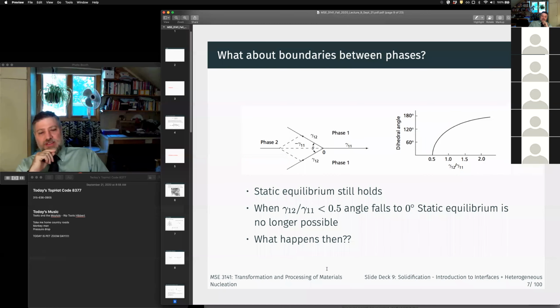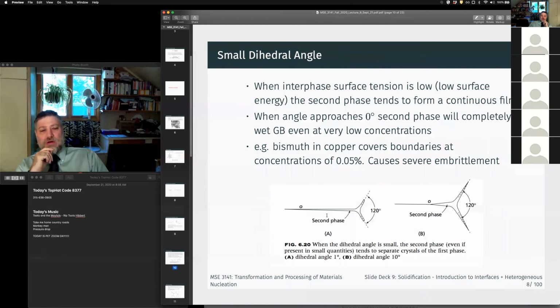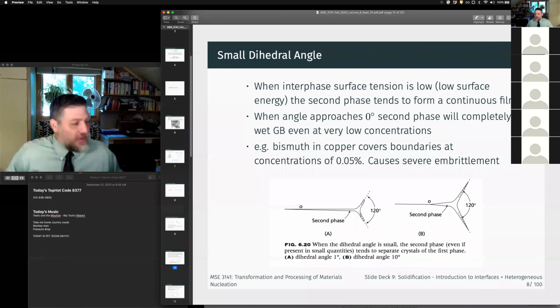So what happens when our ratio is really small? Well, the one phase wets the other, right? So if we have a really low interfacial energy, a liquid phase will completely cover the solid, right? So you have water that sheets on your car rather than forms nice beads like it would on a waxed hood, right?